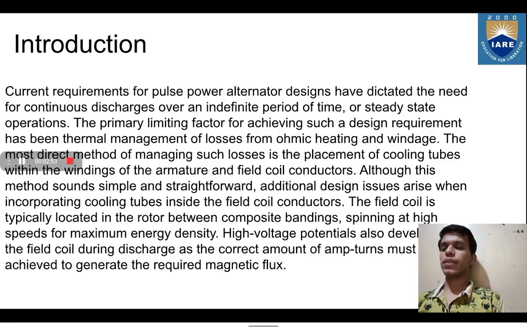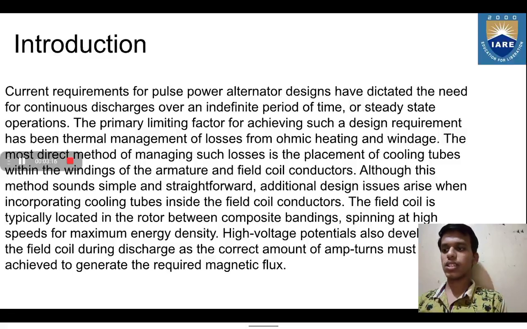The most direct method of managing such losses is the placement of cooling tubes within the winding of the armature and field coil conductors. Although this method sounds simple and straightforward, additional design issues arise when incorporating cooling tubes inside the field coil conductors.